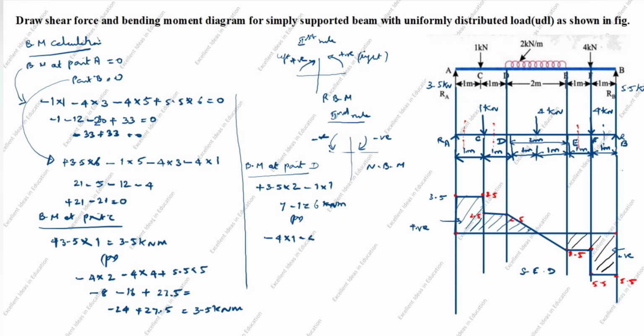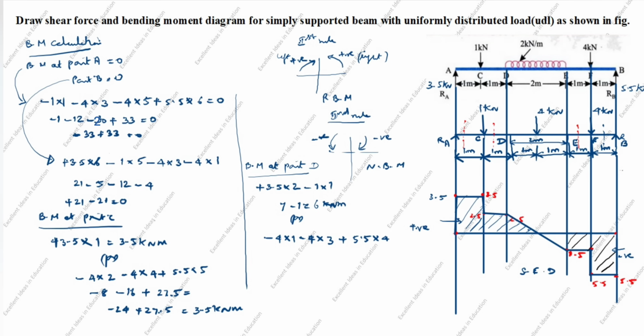Minus 4 into the perpendicular distance from here to here, which is 3. Next we will take this force arrow that goes up, this way from here to here. This is anti-clockwise, and anti-clockwise is positive. 5.5 into the distance from here to here, which is 4.